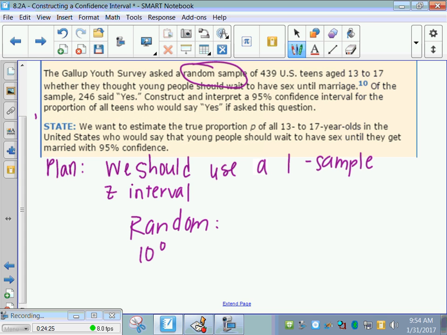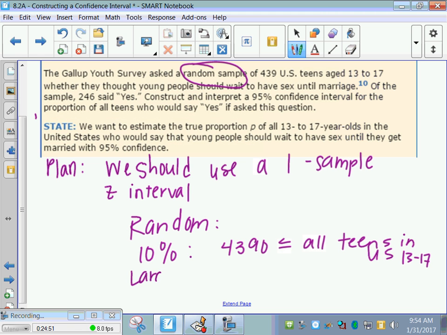Hold on. 10%. I'm not convinced. Tell me why 10% works. Tell me what you're plugging in here. Yeah. Okay, good. So he multiplied by 10. Everyone good with that? That's a good way to do it.